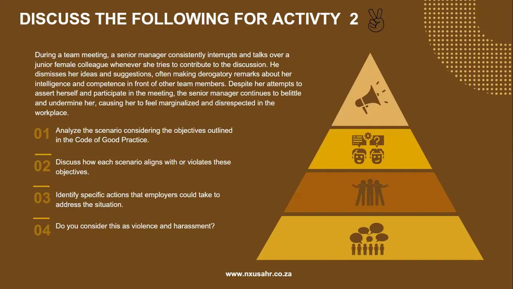Then discuss how this scenario aligns with or violates these objectives. How does this violate the objective of eliminating harassment, violence, and discrimination? Identify specific actions that employers could take to address this situation. And do you consider this as violence and harassment?